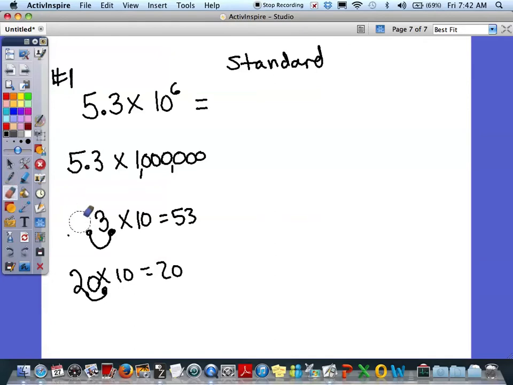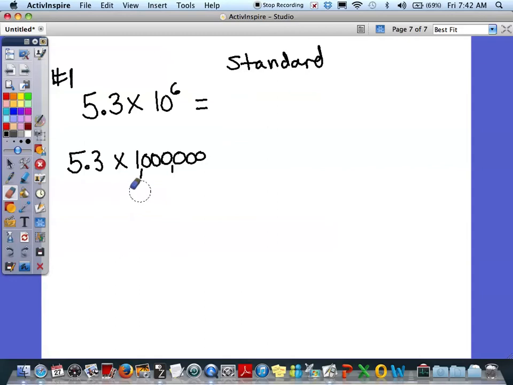So why do I say all that? Because I want you to understand why what I'm about to say works. When you multiply a number like 5.3 by a power of 10 with a positive exponent, the number is going to get bigger.